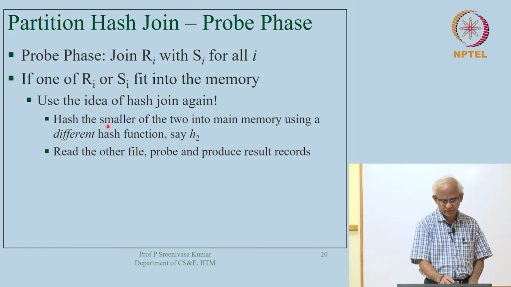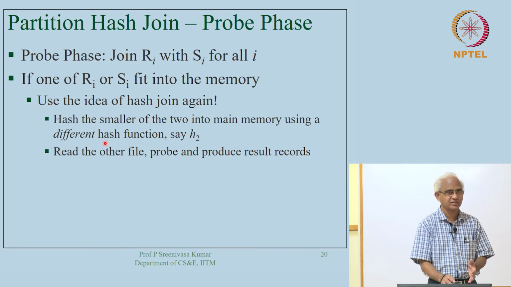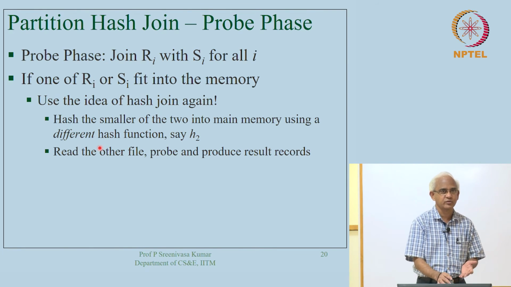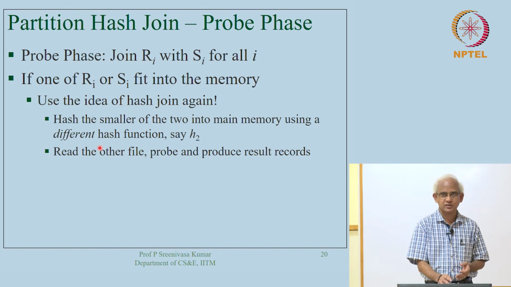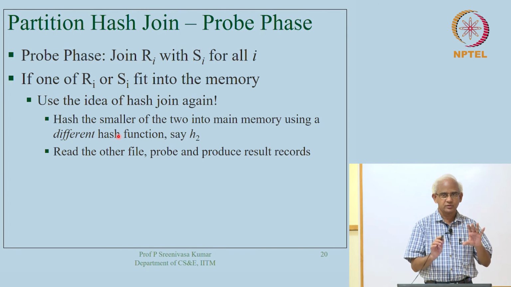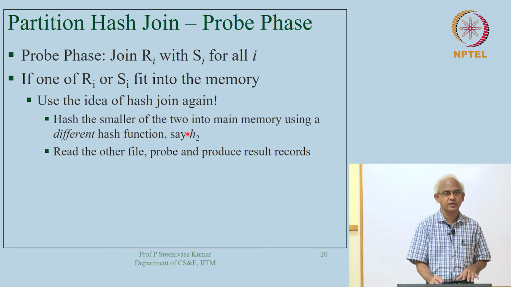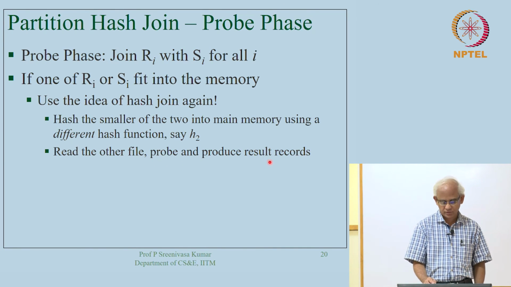So hash the smaller of the two into the main memory, using obviously a different hash function, say H2, not the same hash function as we used for the partitioning. Distribute the records of the smaller file into buckets, and then read the other file, probe and produce the results, just like we did for hash join.